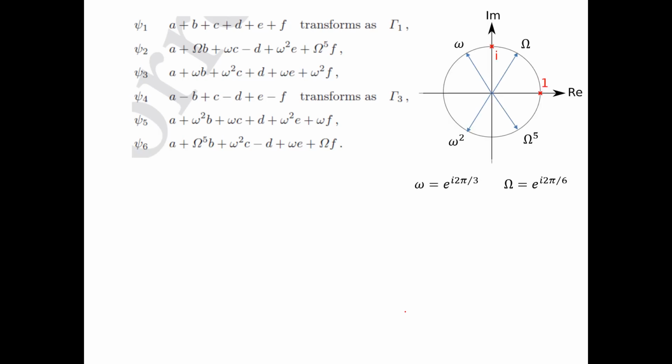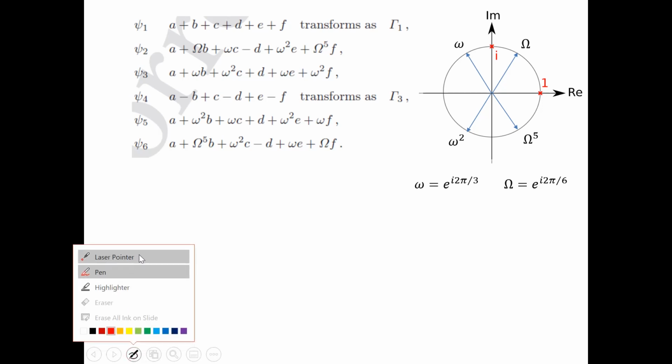Now I have a hexagon. Before, I had a triangle, if you remember, and I was making linear combinations of s orbitals, introducing different phase factors between s orbitals from one neighbor to the other neighbor. I will just do the same thing here for the hexagon.